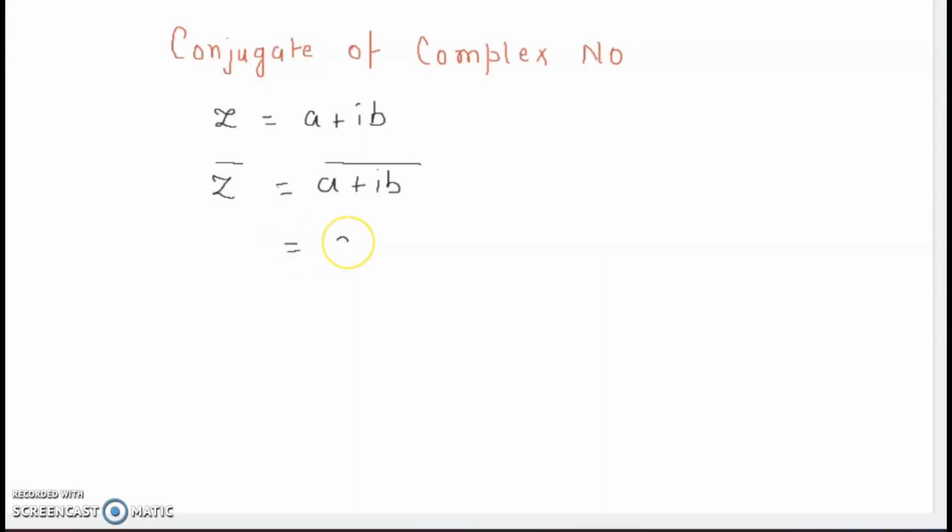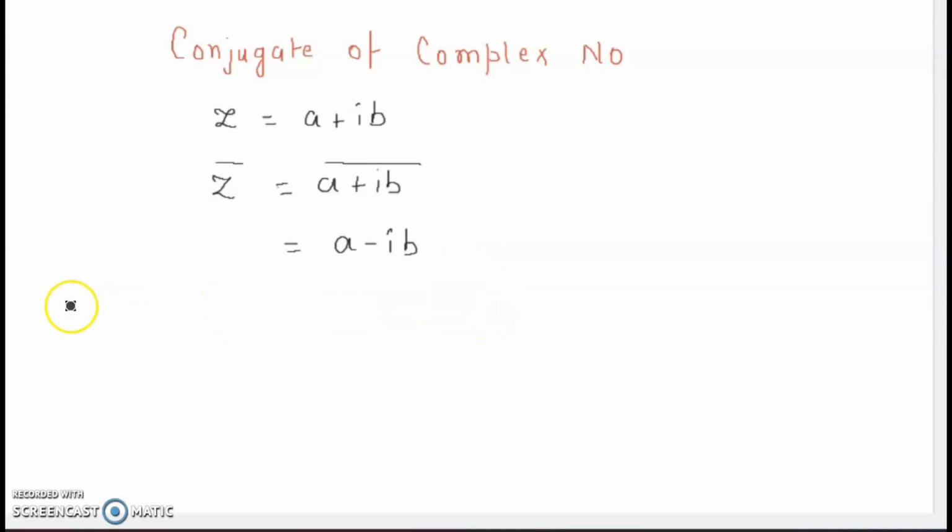Okay. So this will become a minus ib. The conjugate of a plus ib is a minus ib. Suppose the question is, what is the conjugate of a minus ib? Then the answer will be a plus ib. So basically, you just need to reverse the sign.